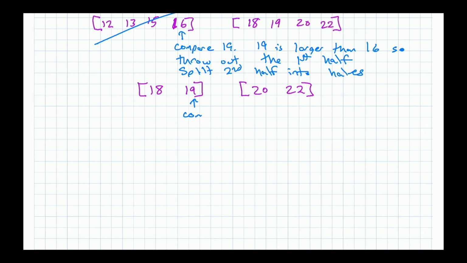So you compare 19 to 19. 19 is not larger, right? So that's different than before, not larger. Like I said, we're not going to notice if it's the same or not, just going to notice it's not larger. If it's not larger, then that means it's going to be in the first half, right?